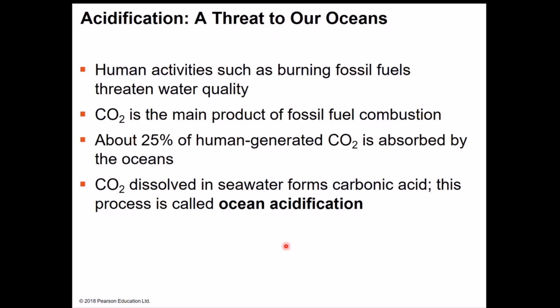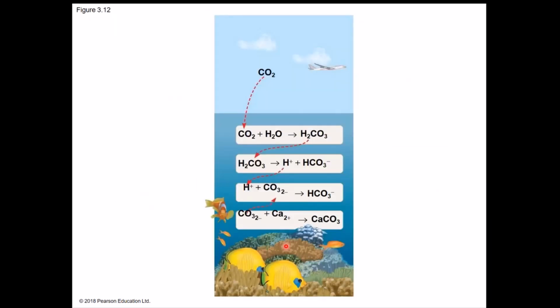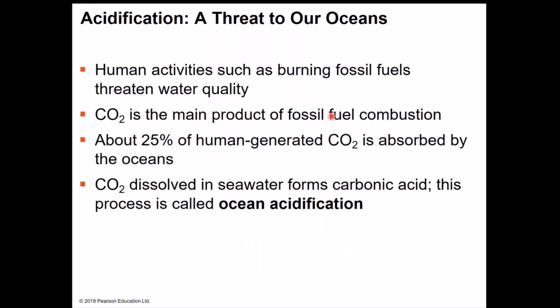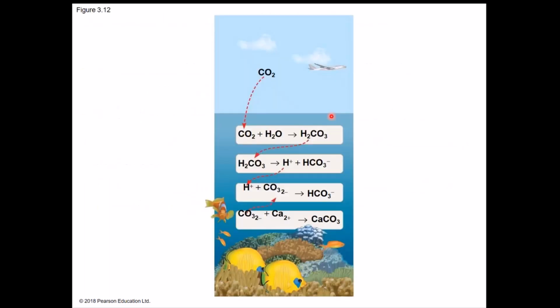This process is called ocean acidification. And this is your example of how we contribute to generating the carbon dioxide which ends up there, right here, in what is called ocean acidification.